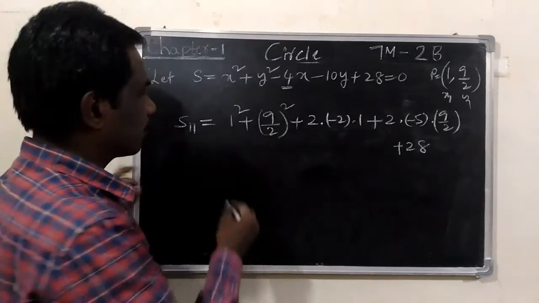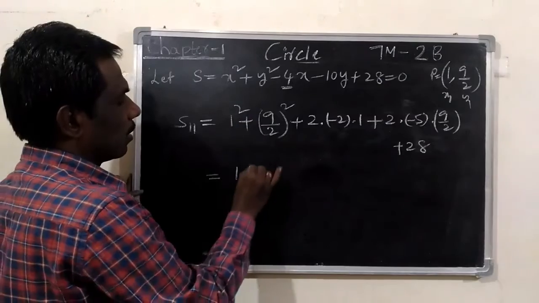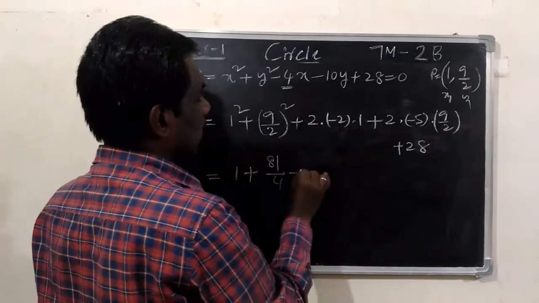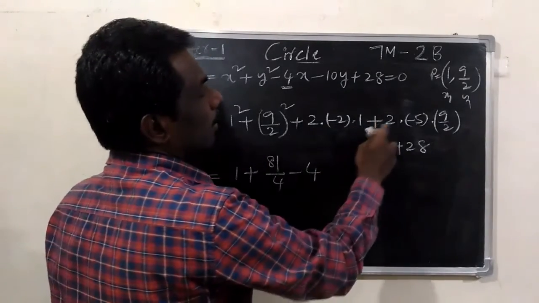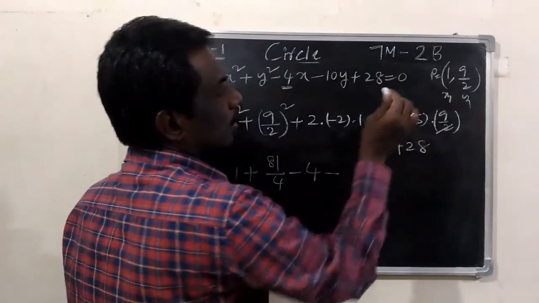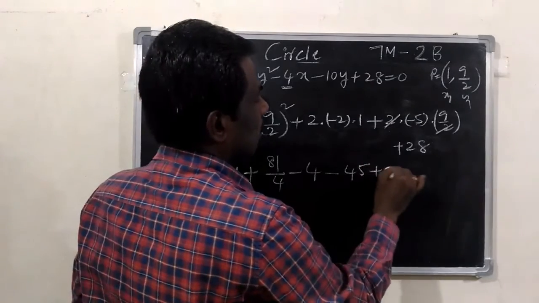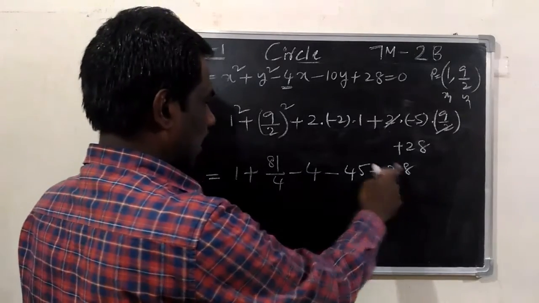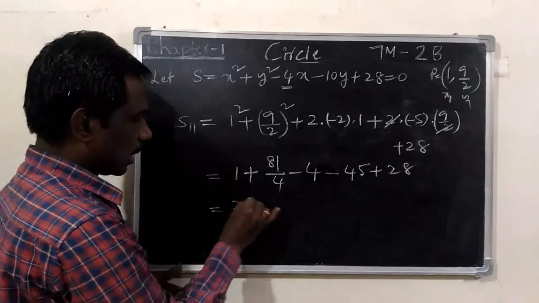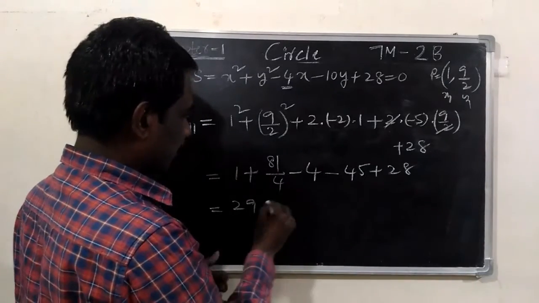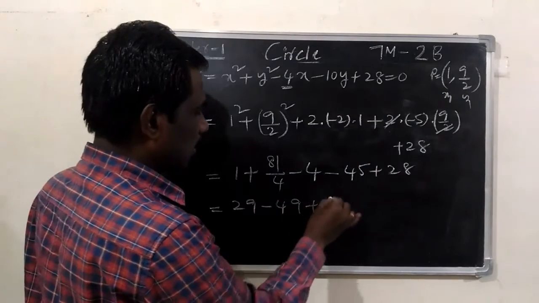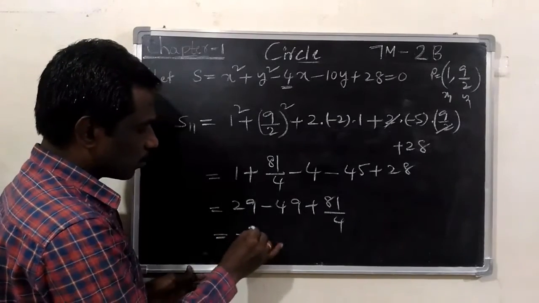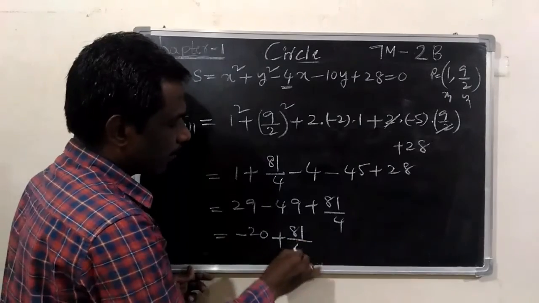Now we simplify it. 1 square is 1, plus 9 square is 81 by 2 square which is 4, plus into minus is minus, 2 twos are 4, 4 ones are 4, and plus into minus is minus, we can cancel these 2 and these 2, 9 fives are 45, plus 28. 28 plus 1 is 29, and minus 4 minus 45 is minus 49, plus 81 by 4. 29 minus 49 is minus 20, plus 81 by 4.